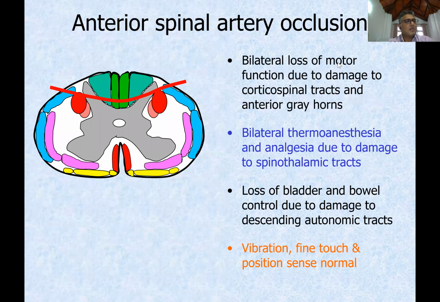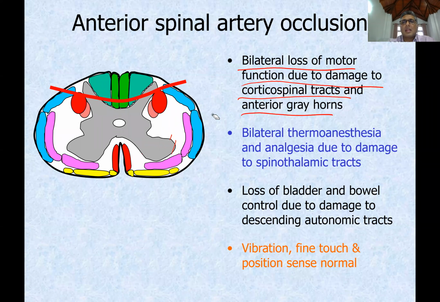Now this is the point that I wanted to highlight. If you obstruct the anterior spinal artery high up in relation to the spinal cord, you can have bilateral loss of motor function due to damage to the corticospinal tracts and anterior gray horns, because all that area is supplied by the anterior spinal artery.